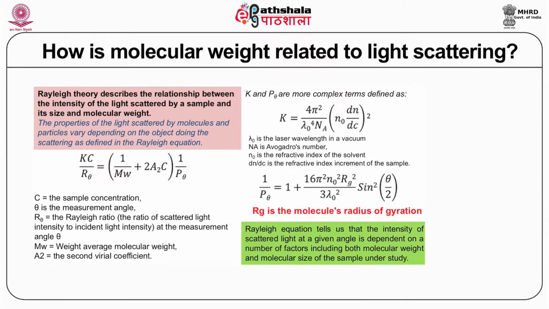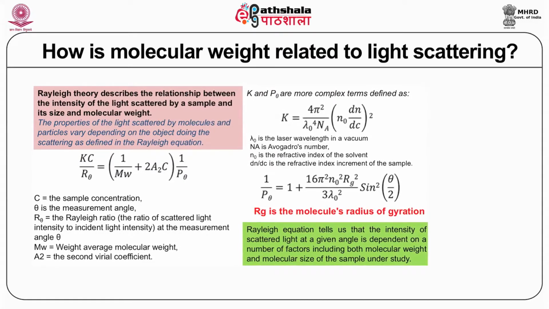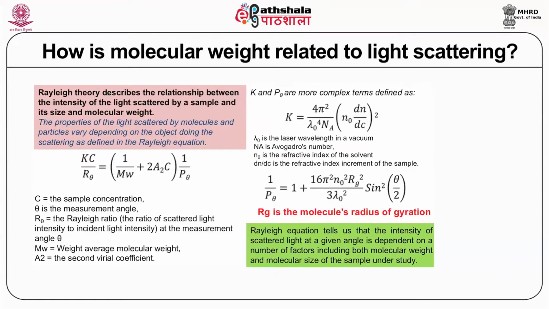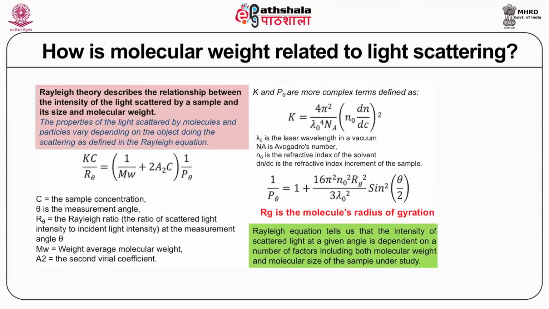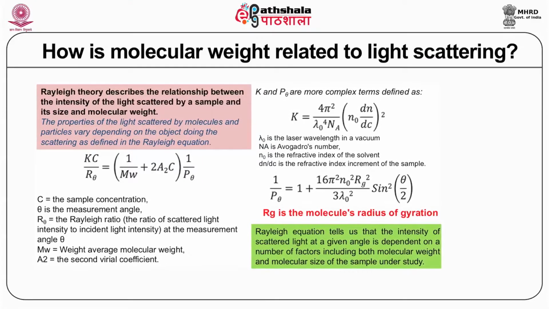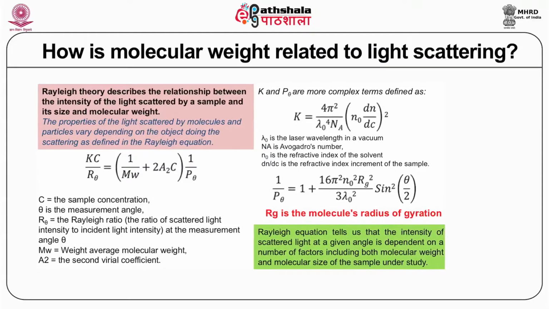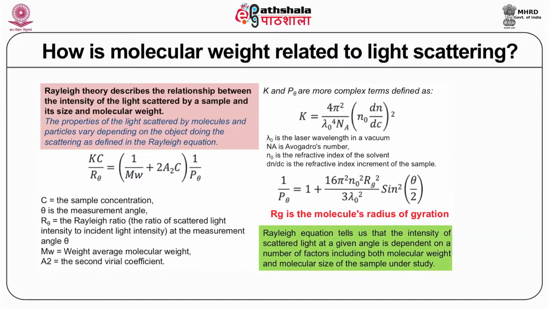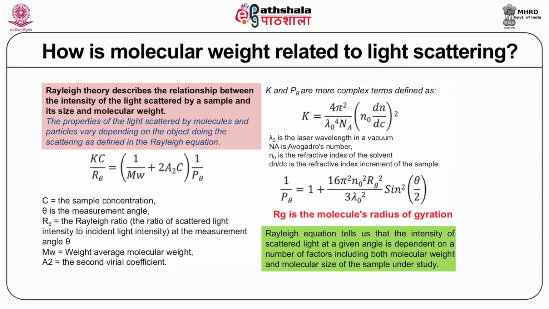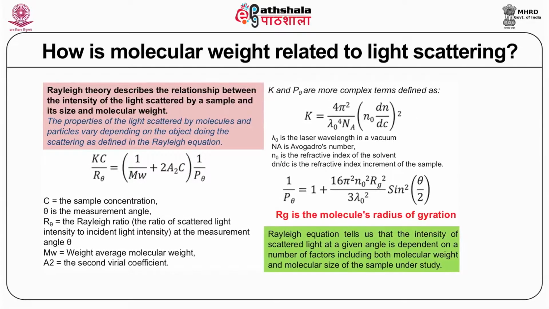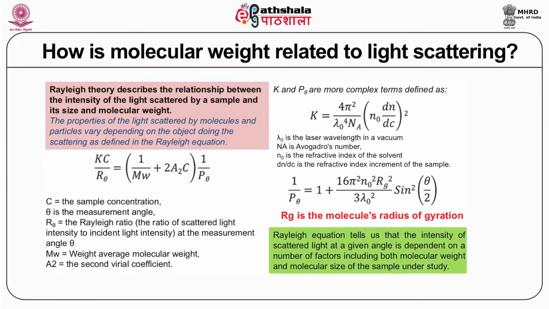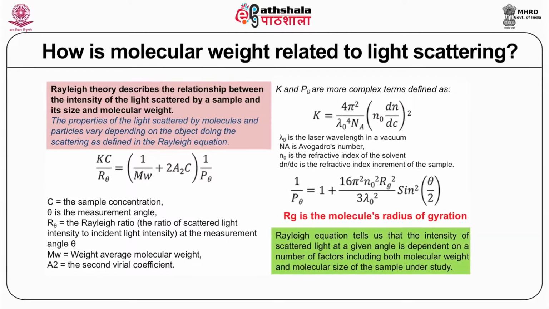So, K can be further defined in a more complex form, as I told you earlier: K equals 4 pi square divided by lambda naught to the power 4 into Na into n naught dN by dC whole square, where lambda naught is the laser wavelength in the vacuum, Na is the Avogadro number, n naught is the refractive index of the solvent and dN by dC is the refractive index increment of the sample.